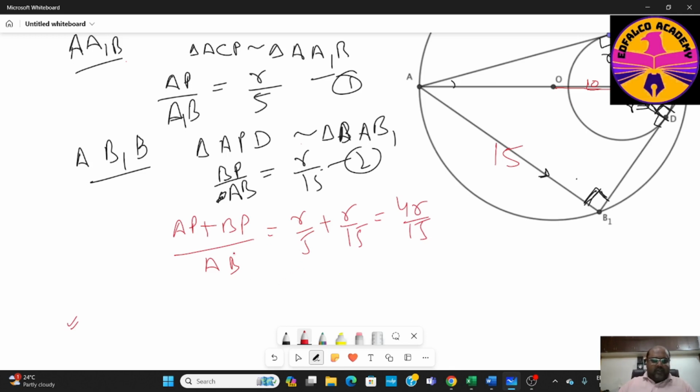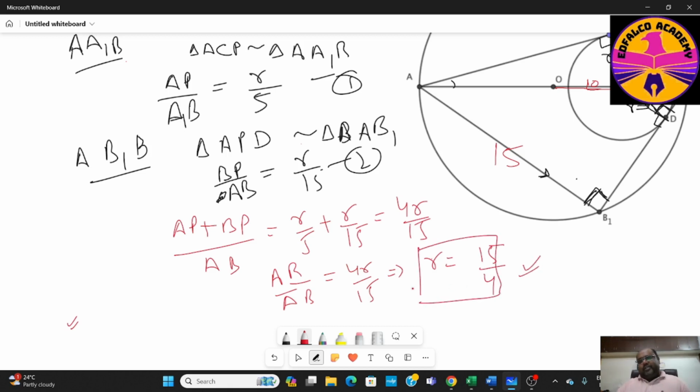So AB by AB on the left-hand side gives 1, and therefore r will turn out to be 15 by 4. So the smaller circle's radius comes out to 15 by 4, which is 3.75 units.